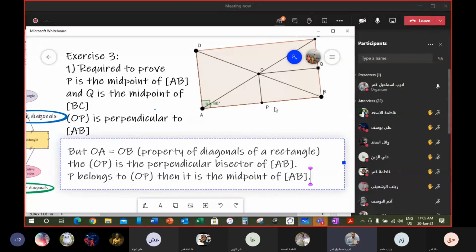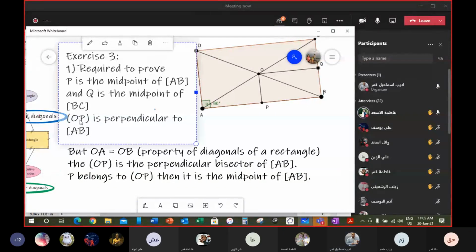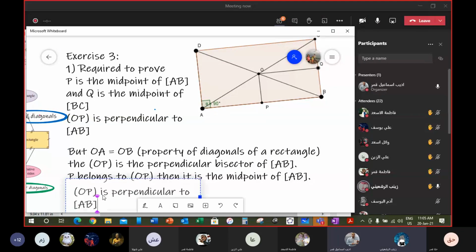The same for OQ. بنبدل بدل OP بنقول OQ. OQ is the perpendicular bisector of segment BC.